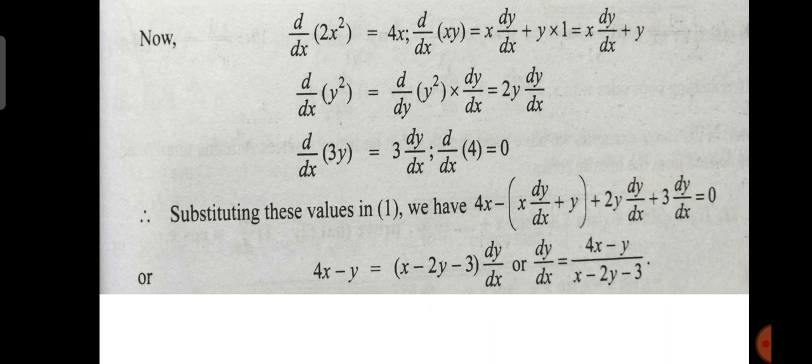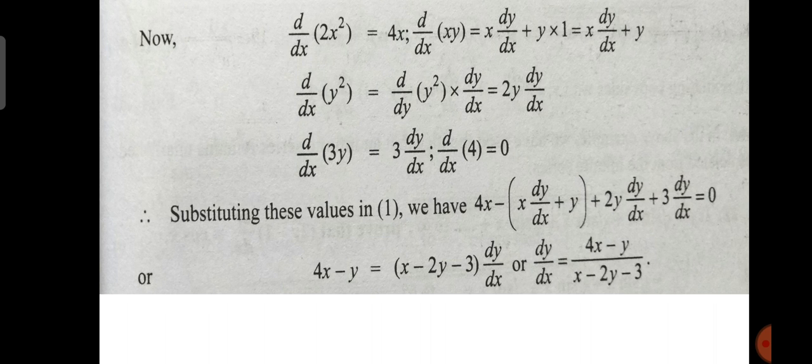Then d by dx of 2x square is equal to 4x, that is 2 into 2 into x. Next, d by dx of xy: the two functions are related because x is in terms of y and y is in terms of x, so you have to use the product rule.